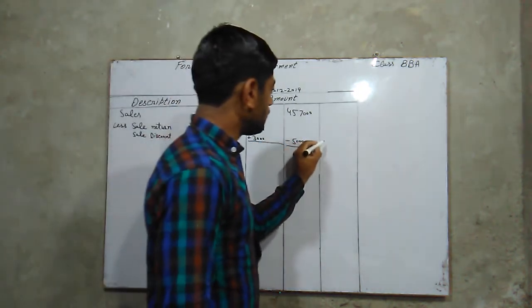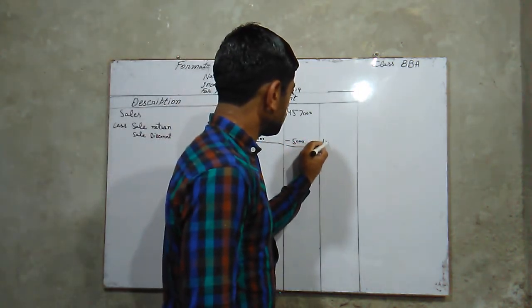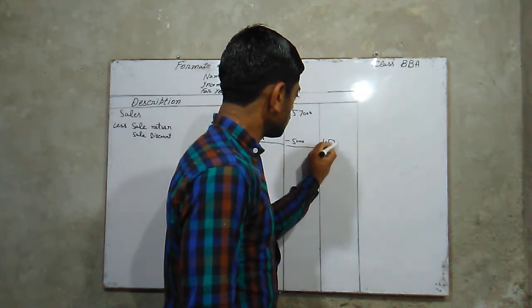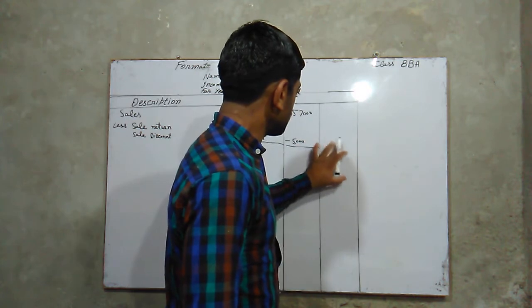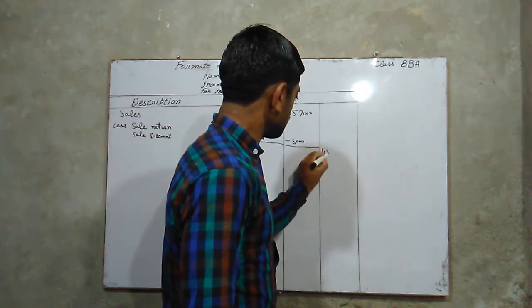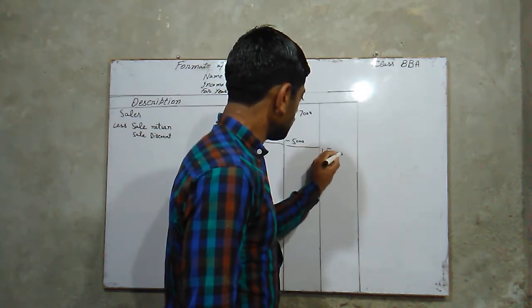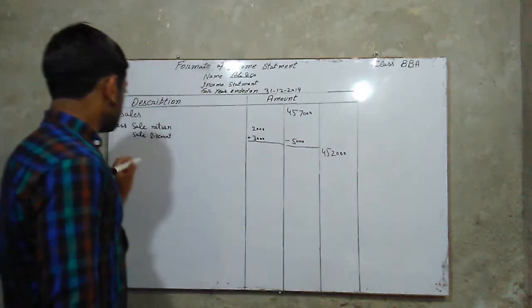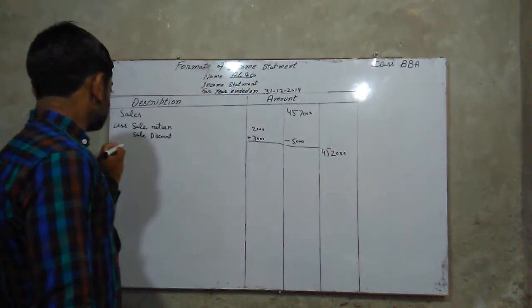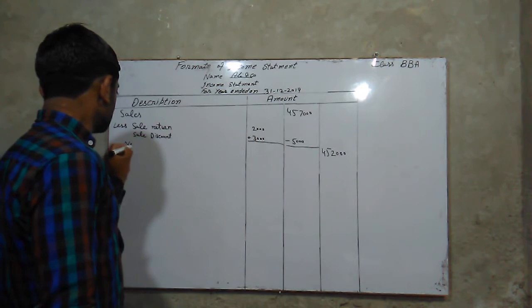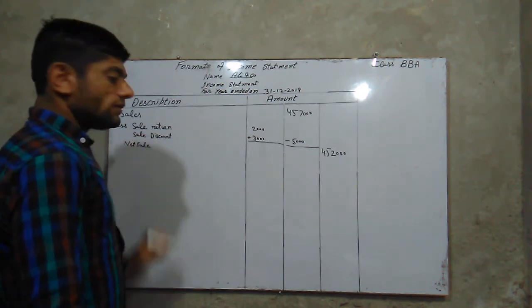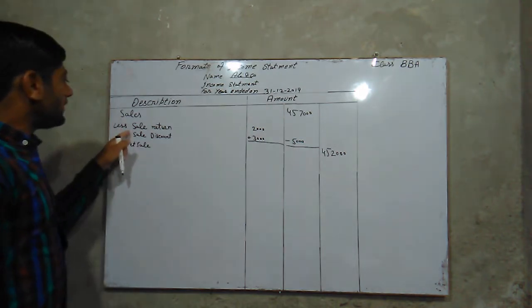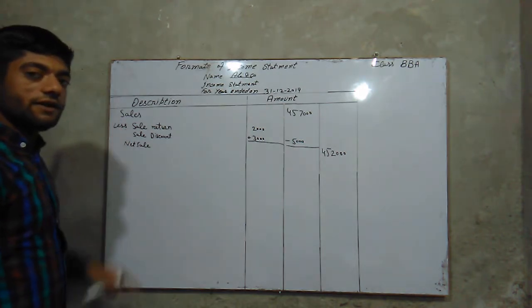Less, so 4,52,000. That is our net sale. Net sale is sales minus sales return and sale discount.